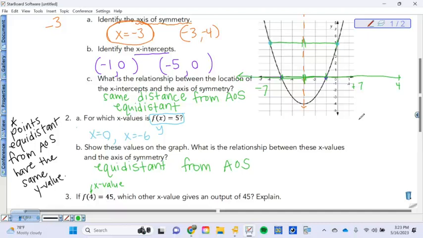But that means I'm going to have a mirroring point over on this side. And those 2 mirror points have to be equidistant from the axis of symmetry. So if this point has an x-coordinate of 4, it's 7 spots away from the axis of symmetry. So the mirroring point on this side has to be 7 points in the opposite direction. Does that make a little more sense?